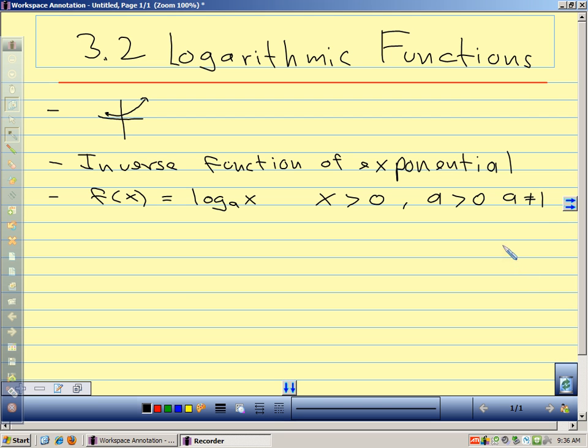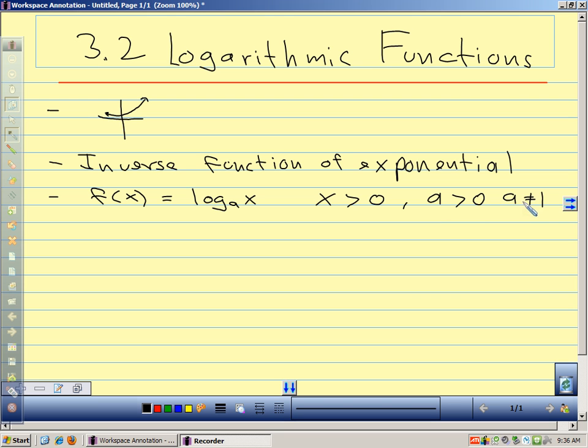So just like we did with the exponential function, we don't want a to be 1. We want some other number for our base. That's log a x. Log to the base a of x is how we say that. We can have a fraction as a base, just like we had a fraction for a base for our exponential function.